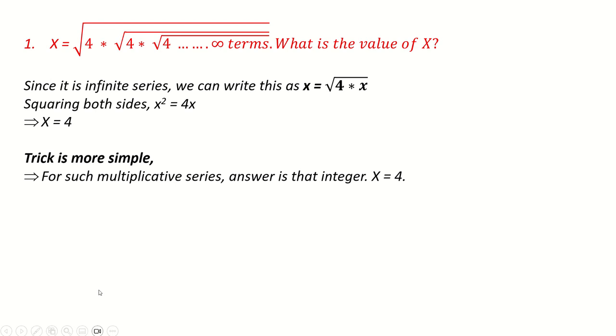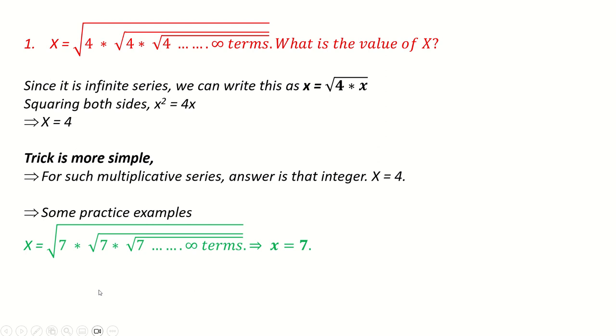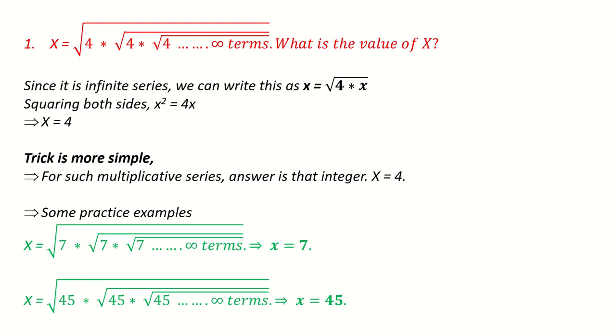Just for some practice: x equal to square root of 7 into square root of 7 into square root of 7, infinite terms, x is 7. If x equal to square root of 45 into square root of 45 into square root of 45, infinite terms, then x equal to 45. So multiplication is much simpler than addition and subtraction, but this is how we can solve multiple choice questions very fast and accurately. Thank you.